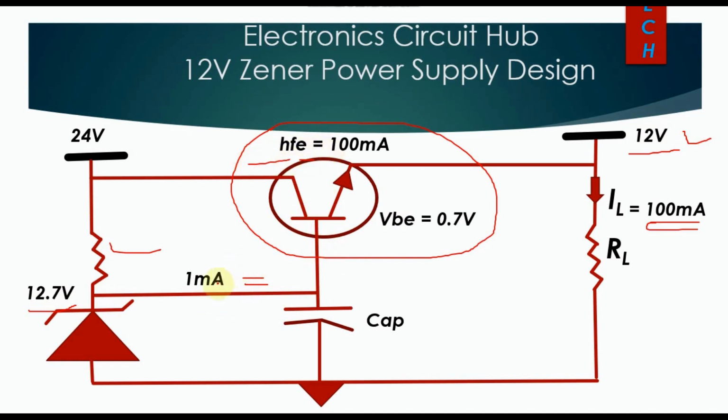If you multiply 1 into 100, that is 100 milliampere that will flow through your load. So now you can achieve 12 volt at 100 milliampere current. Why have I chosen a 12.7 volt Zener diode here? Because the base to emitter drop of this transistor is 0.7 volt. So 12.7 minus 0.7 volt, you will get 12 volt at your output.